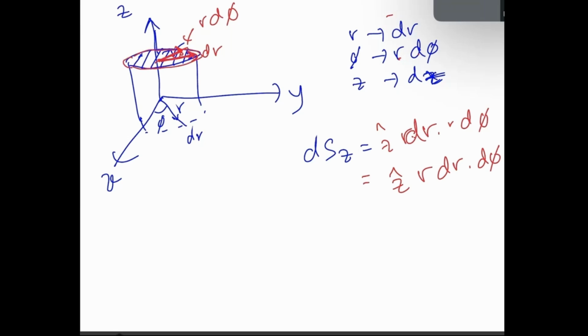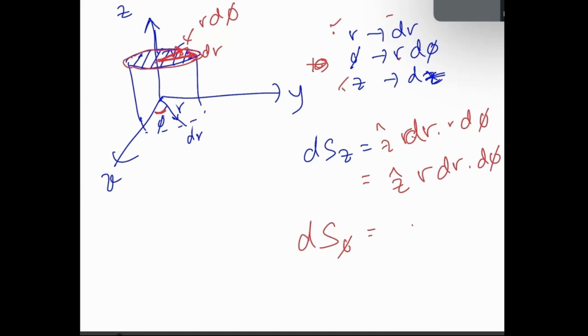Next we have a surface at phi. The surface phi is equal to the direction of phi, r times z.